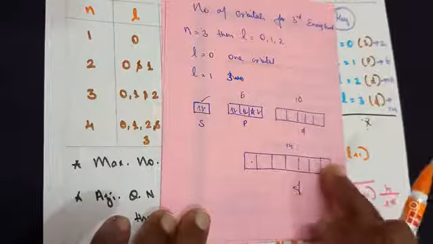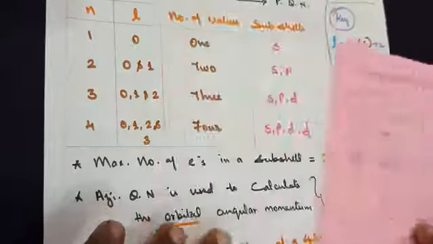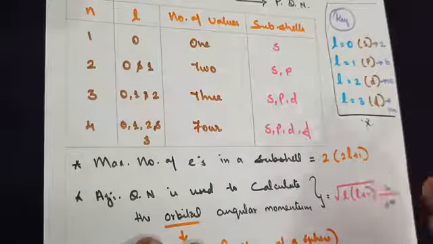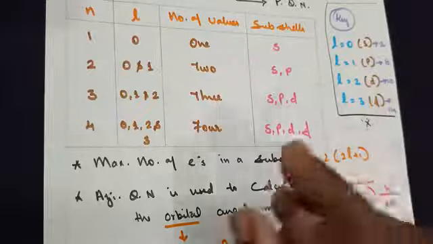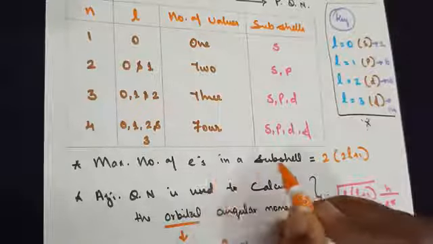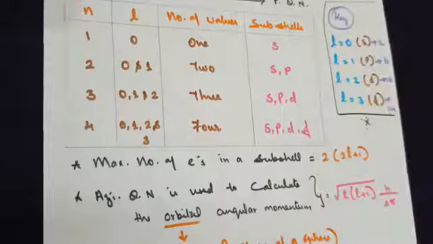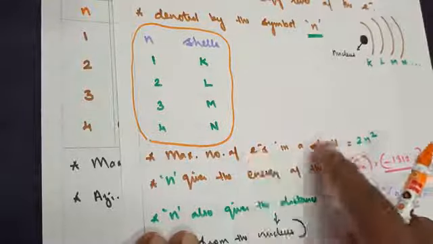For f, 7 boxes are there, each box 2 electrons, so 7 2s are 14 electrons. You shouldn't use the word box, you should say orbitals. For easy explanation I'm using the word. So the maximum number of electrons in a subshell formula is 2 into (2l plus 1). Maximum number of electrons in the whole shell is 2n square.